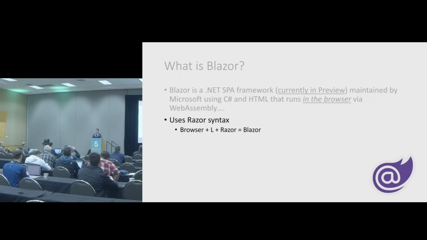So if you've done React, Razor is JSX, but instead of JavaScript in curly braces, you use an @ symbol and write C#. So this is actually where the name came from, is browser plus Razor plus, let's just throw an L in there to make it sound cool, and there you get Blazor. And so the icon has an @ symbol in it as a reference to Razor.